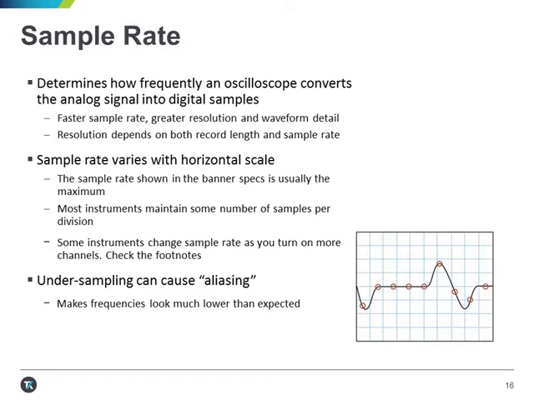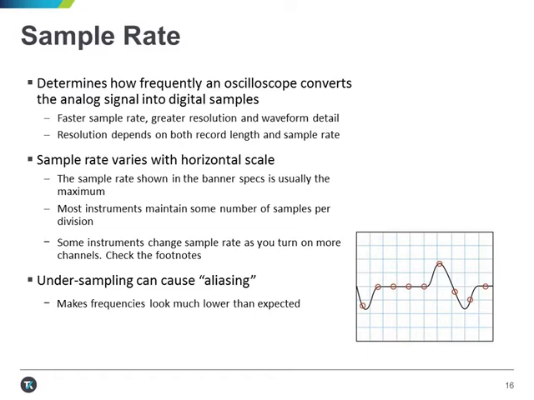But the faster you sample, the faster you'll fill up your memory, so this limits the amount of time you can capture. The specification given in the datasheet is almost always a maximum. So to balance sample rate and recording time, digital oscilloscopes change their sampling rates with the horizontal scale.